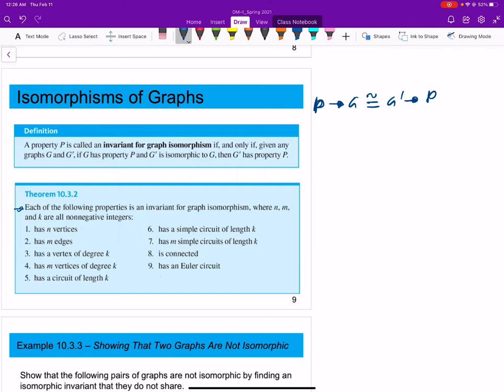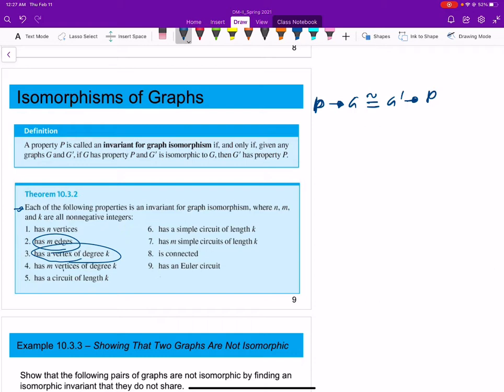Okay, then edges. Let's say G has m edges and then G prime has n edges. If the graphs are isomorphic, the property will be equal. That means the number of vertices is invariant for graph isomorphism, and then edges are also invariant for graph isomorphism, and vertex degree is invariant for graph isomorphism.